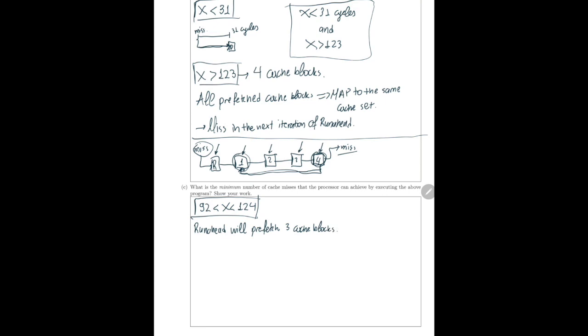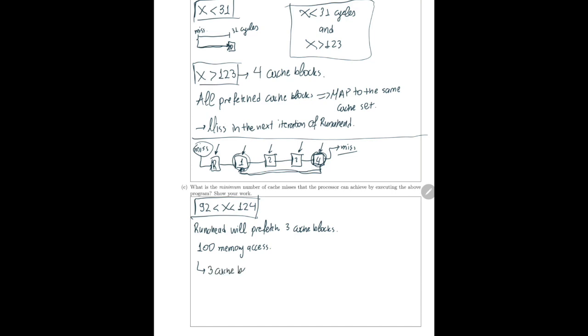So if we prefetch 3 cache blocks, then if we have 100 memory accesses, imagine that for every memory access we go and prefetch 3 cache blocks.